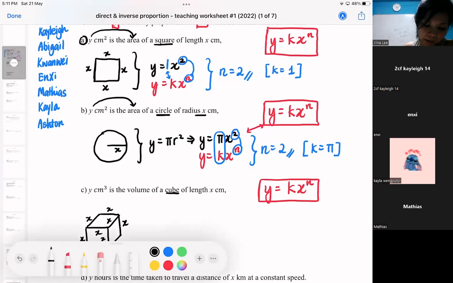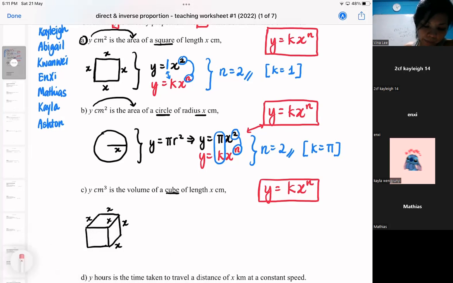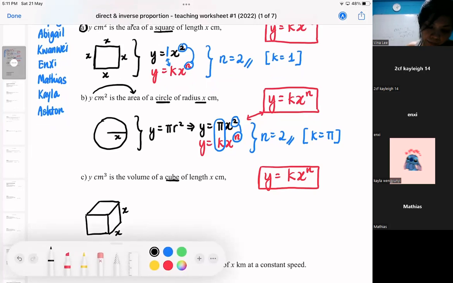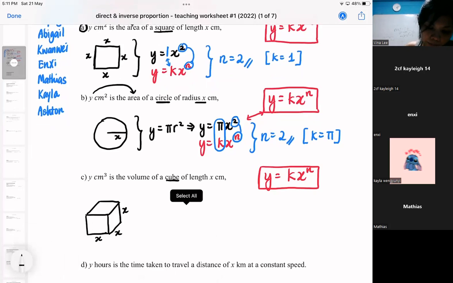All the sides are x, and y is the volume. Do you remember the volume? I think some of you may be like, wow, totally forgot.